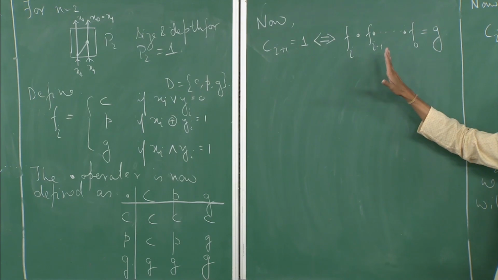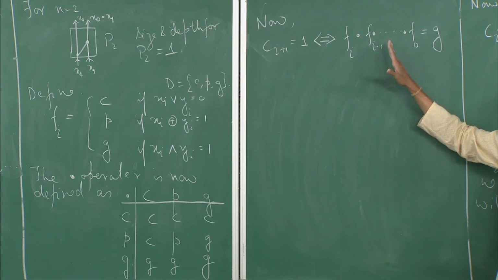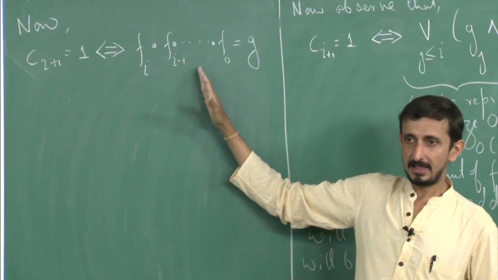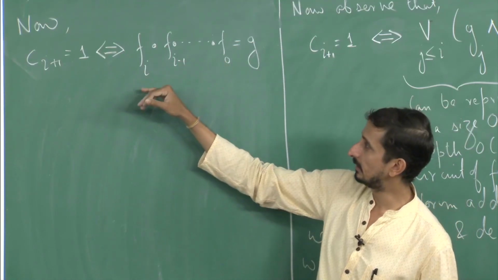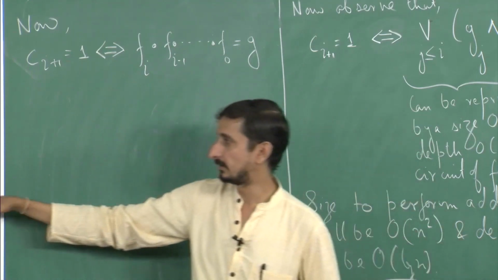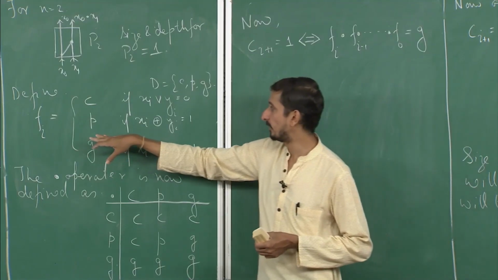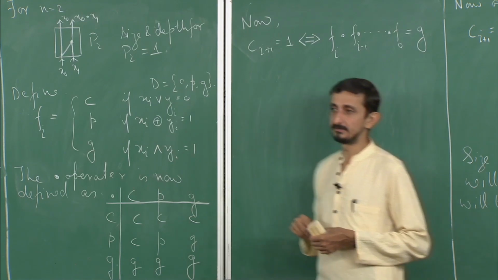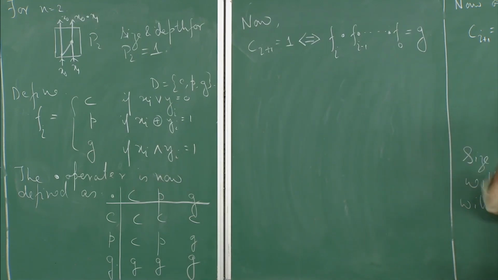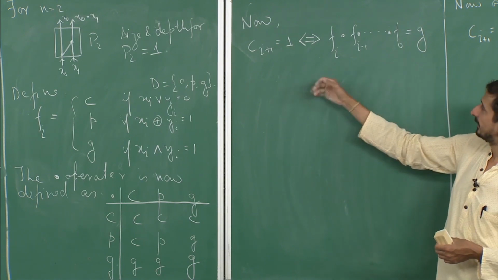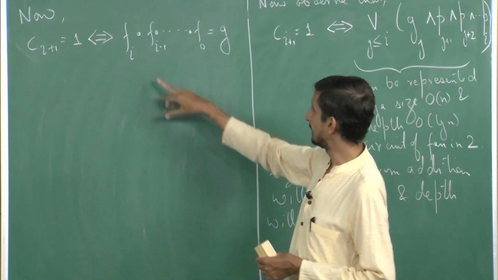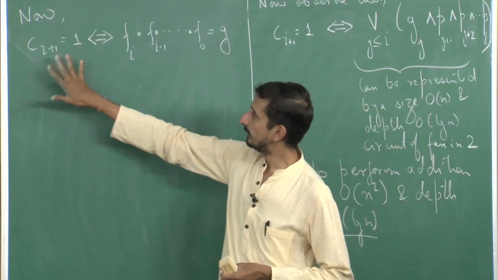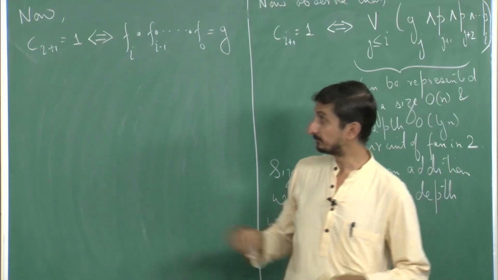That means there exists some j where fj is equal to g, and thereafter it is either equal to p or equal to g. Only then will this be equal to g, and if it is getting cleared then of course it will become c again. So, finally, if this quantity is equal to g, then this is equal to 1.